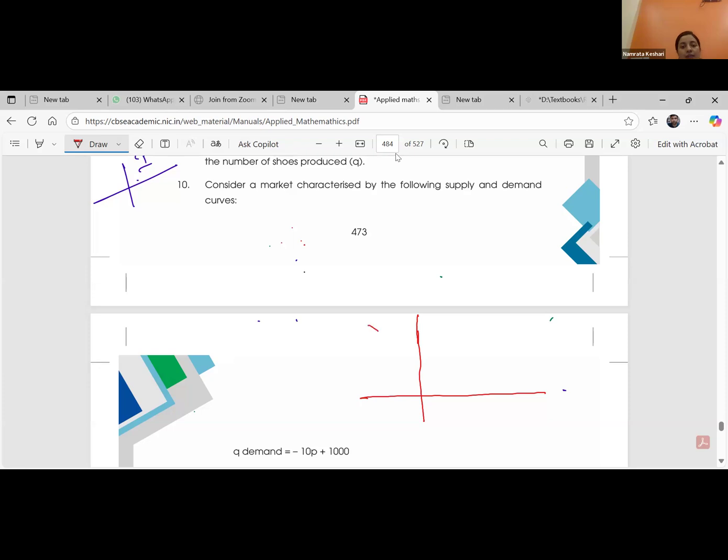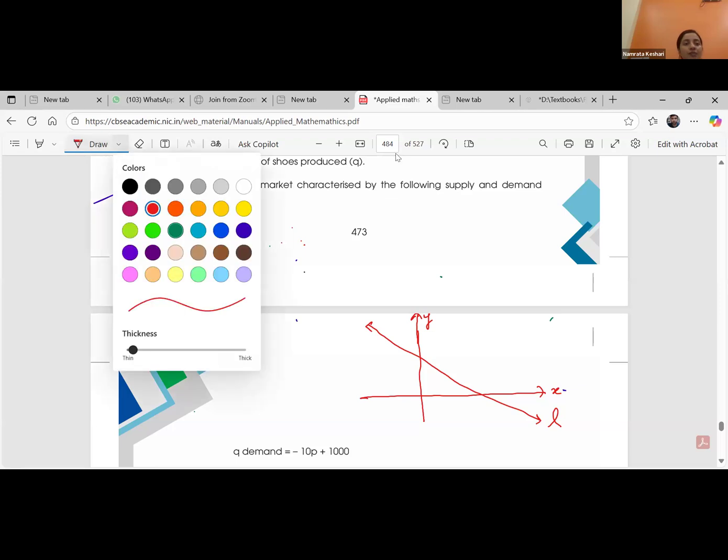You are having a line. Let's say the line is L. X-axis, Y-axis you are having. Since we are doing the straight line chapter, again and again we can see a straight line over here. Here we are having the straight line L.